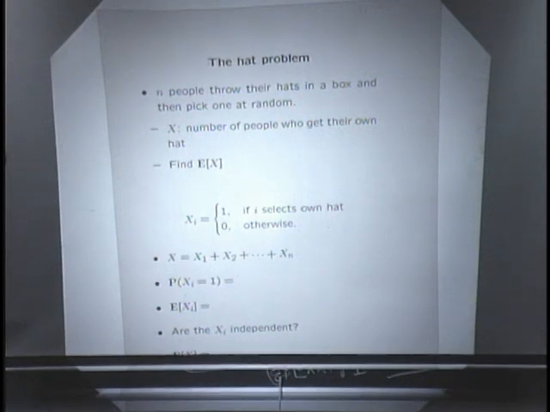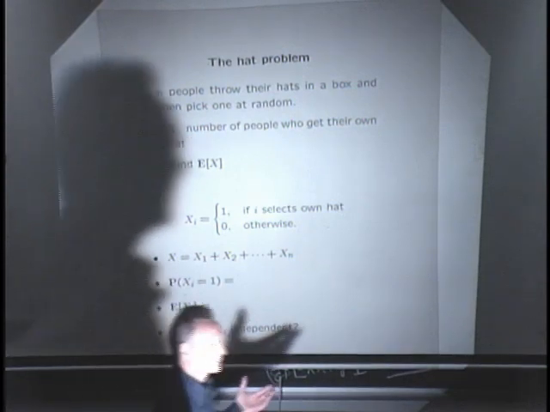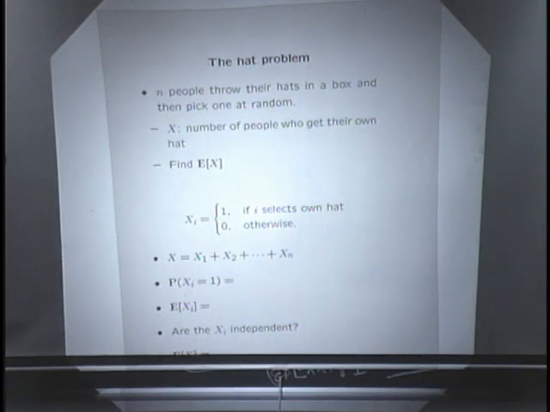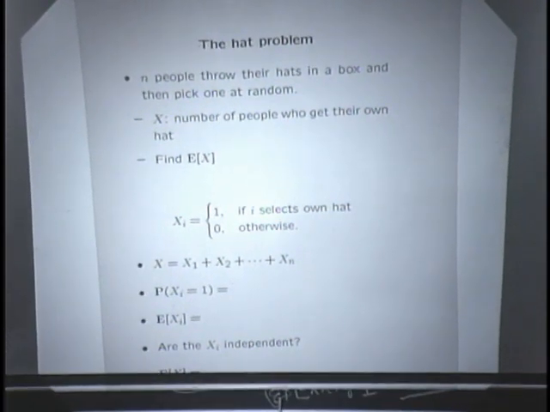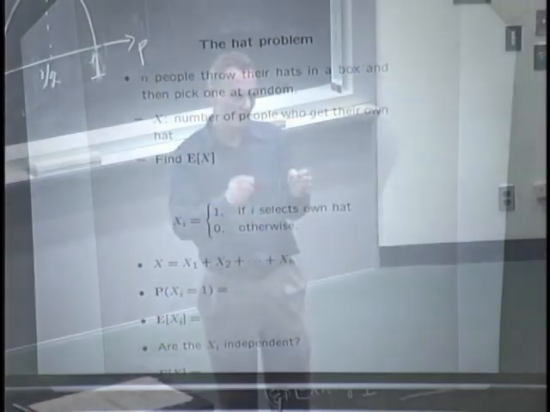And when they walk out, since they look pretty identical, they just pick a random hat and go home. So n people, they pick their hats completely at random, quote unquote, and then leave. And the question is to say something about the number of people who end up, by accident or by luck, to get back their own hat, the exact same hat that they checked in.